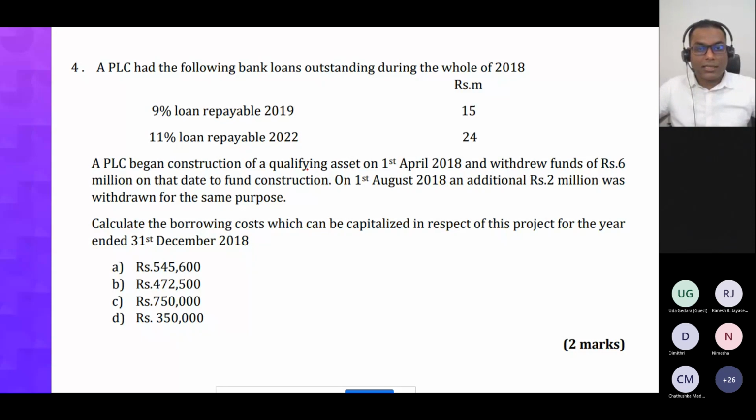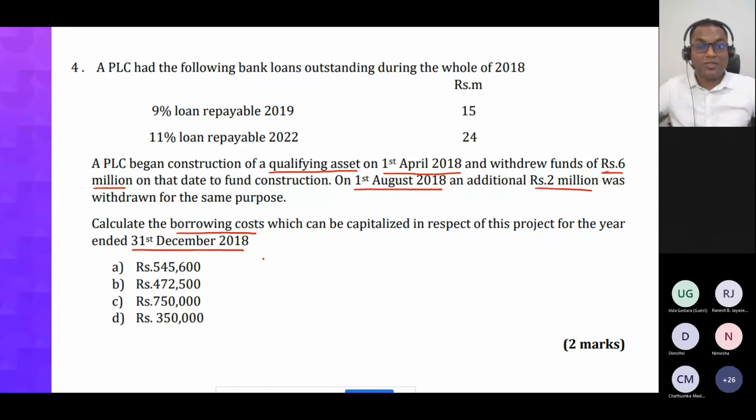APLC began construction of a qualifying asset on 1st April 2018 and withdrew funds 6 million rupees on that day to fund the construction. Then on 1st August 2018, additional 2 million was withdrawn for the same purpose. Calculate the borrowing cost, which can be capitalized in respect of the project for the year ended 31st December 2018.